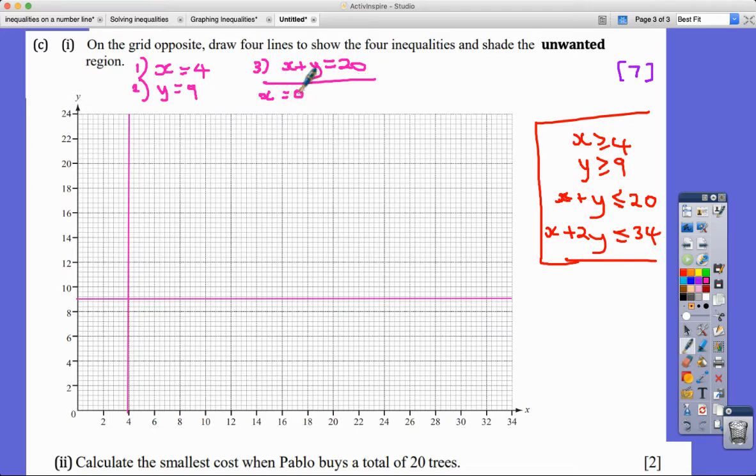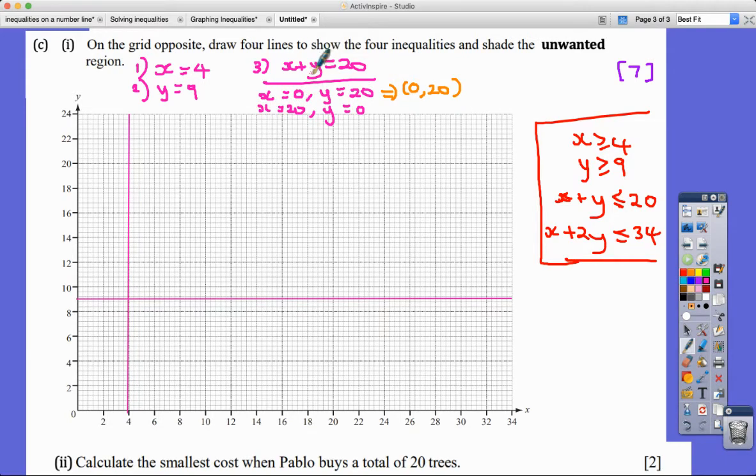If x were equal to 0, y would have to be 20, which tells me one of the coordinates on this line is (0, 20). That is actually the y-intercept. And if I set y equal to 0, do the opposite, the x value would have to be 20.